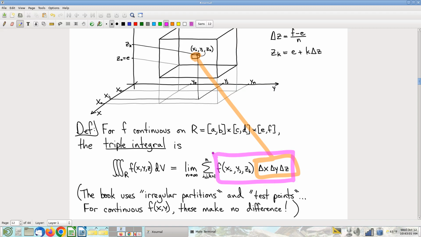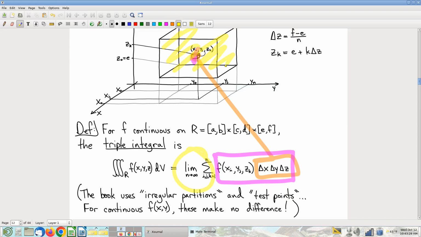Mass per unit volume times volume. Or maybe you're computing something else. You've got some other quantity per unit volume times volume. Whatever the problem is, the integrand is appropriate to the application. But in purple here we have the answer to whatever the question is on our little box, and then we add up over all of the little boxes.